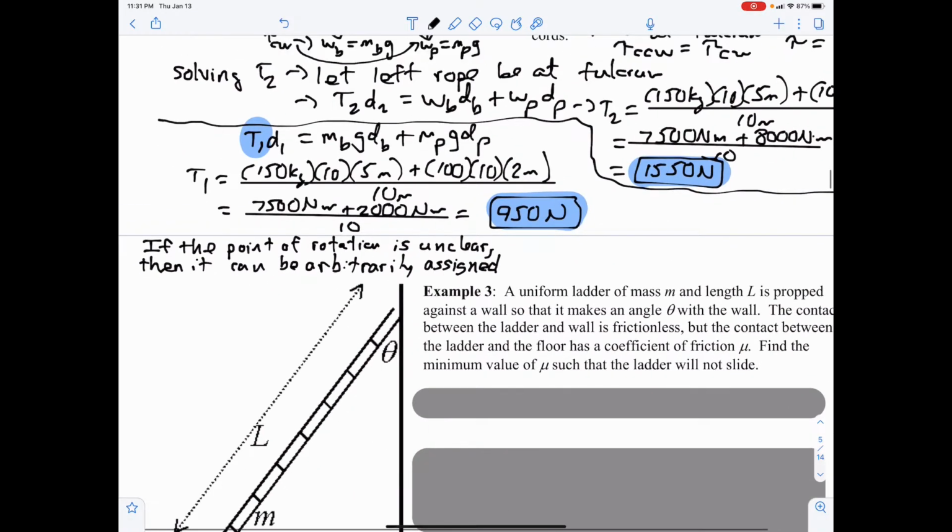And what that tells us is that the torque is 0 at this point of rotation, whatever it is.